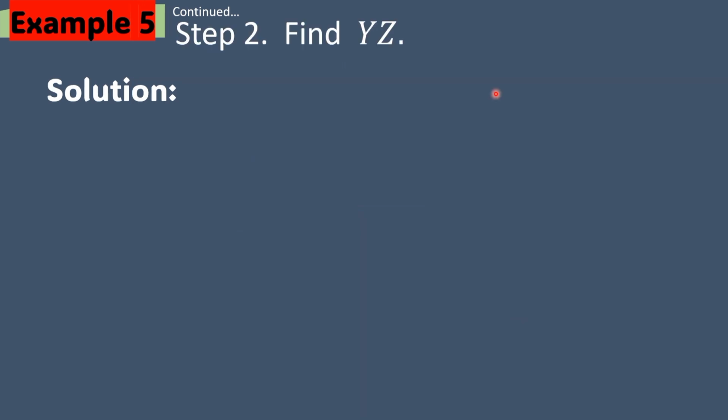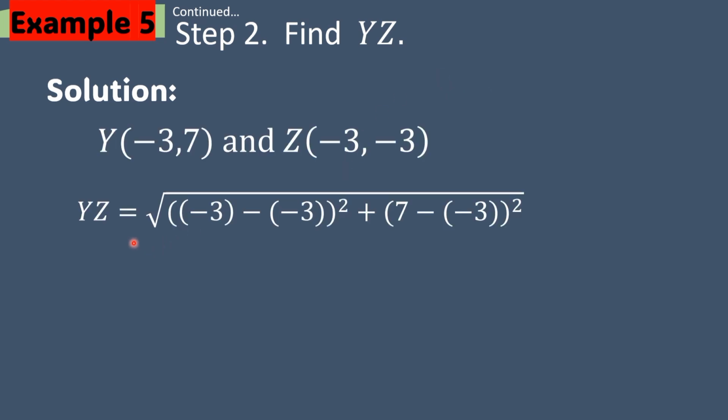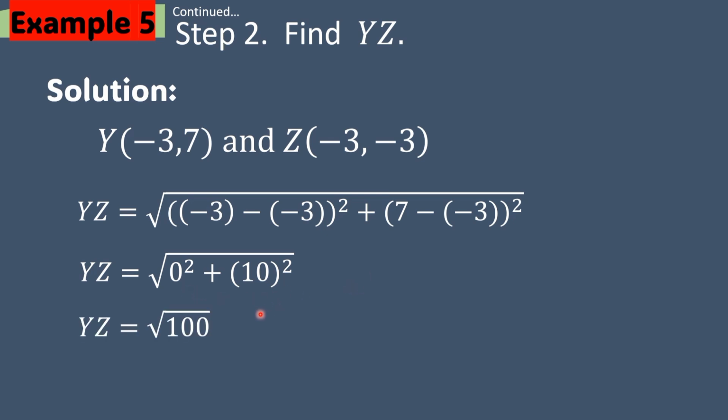Step 2, find the distance YZ using their coordinates. YZ then is the square root of negative 3 minus negative 3 quantity squared plus 7 minus negative 3 quantity squared, that is the square root of 0 squared plus 10 squared, which is equal to square root of 100. Therefore, the distance YZ is 10 units.